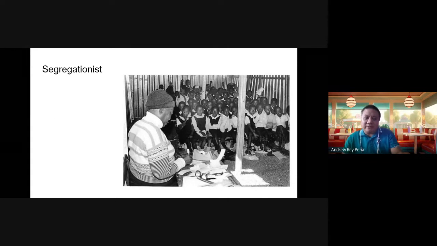And then we have what we call segregationist. This kind of bilingual setup is planned by a language majority which wants to exclude a language minority.